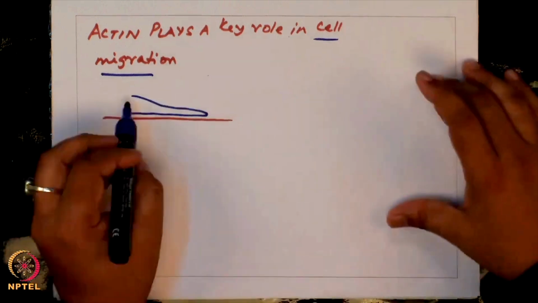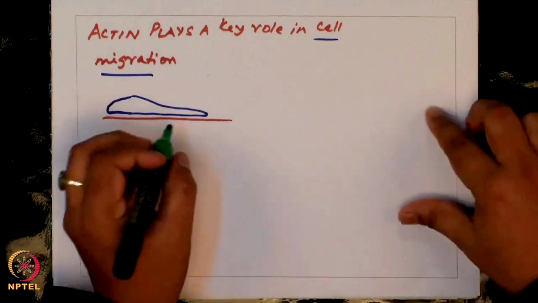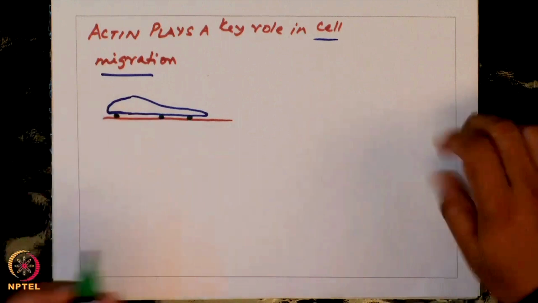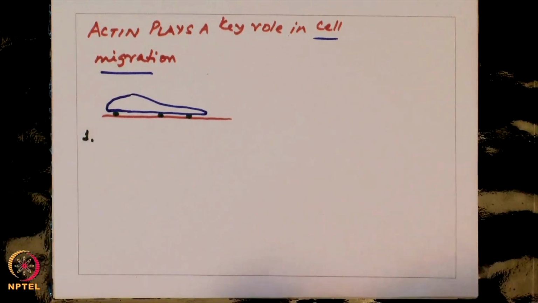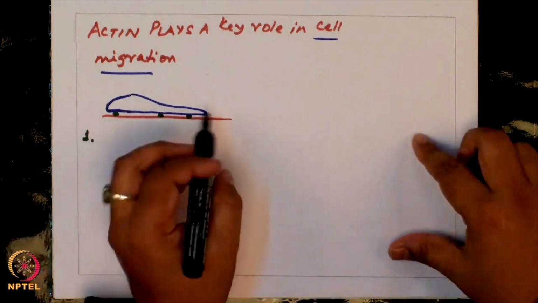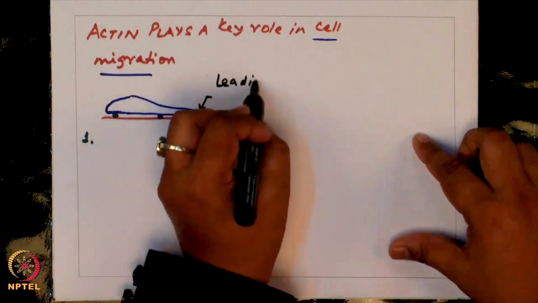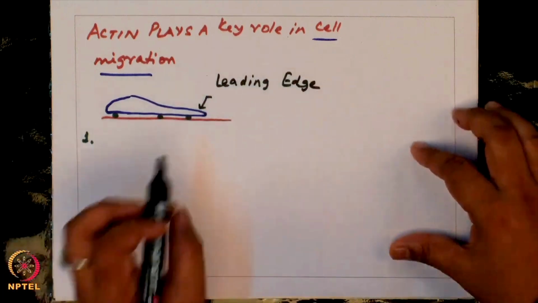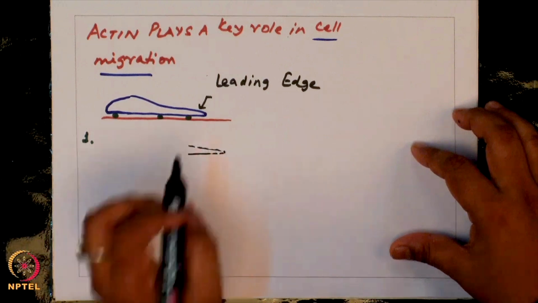Your cell is anchored by multiple adhesions. As a first step, what you have is actin protrusion. At the leading edge of the cell, first thing which happens is you have elongation of the cell.